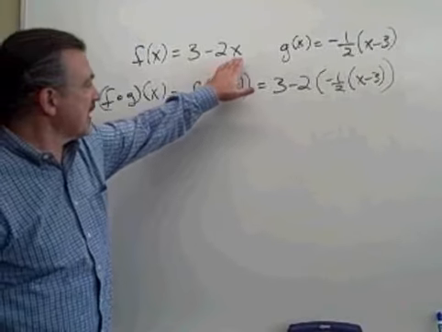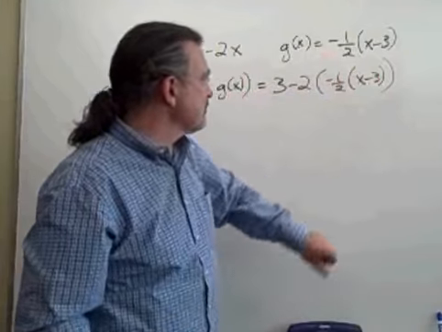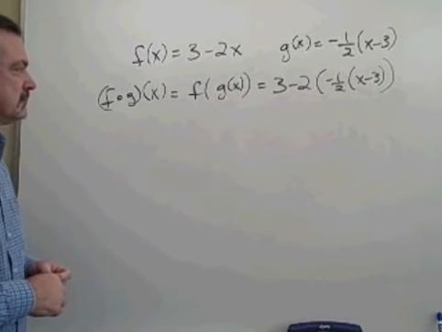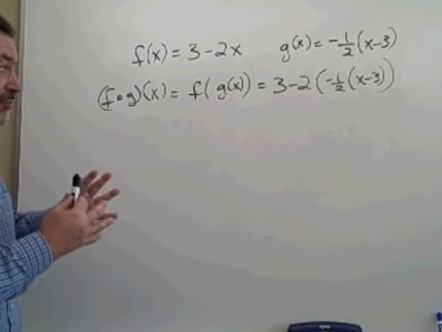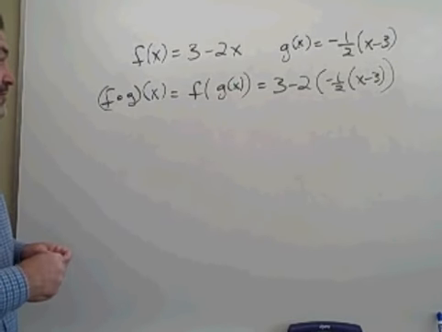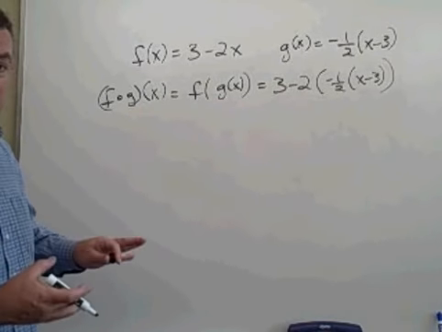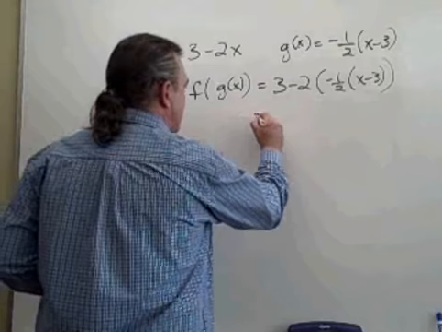So wherever there was an x in function f, I replaced it with the entire expression for function g. And now I can simplify that expression and see if it results in just the value x. If it does, that's halfway there to proving that these functions are inverses.